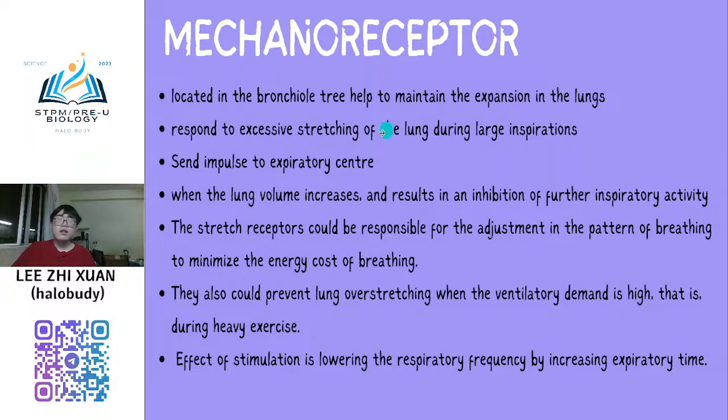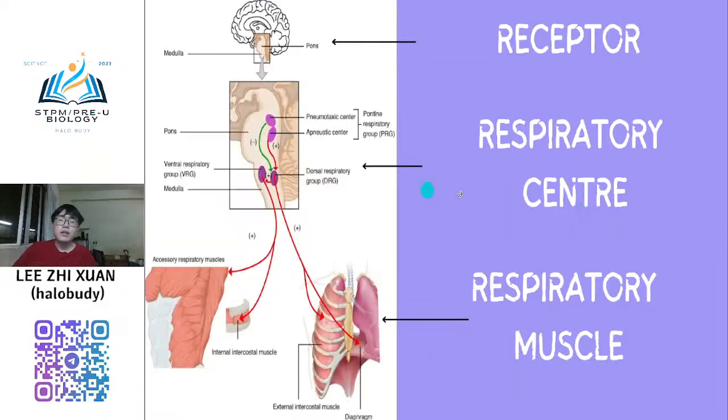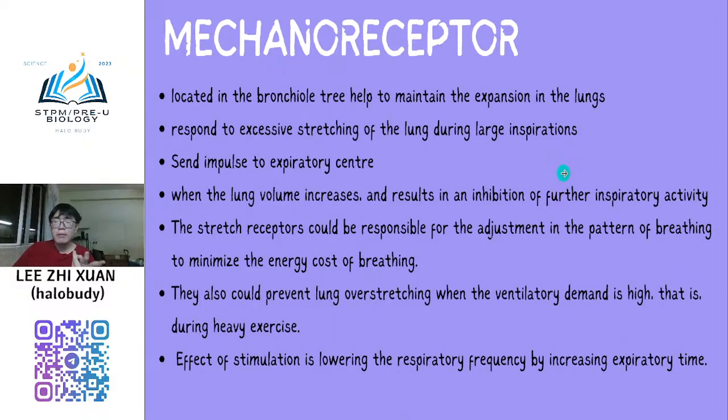So when the stretching occurs very rapidly, dia akan stimulate, dia akan send the impulse to the expiratory central, so that it will result in inhibition. So dia akan stop inspiratory central lah. So inilah respiratory central. I already said there are two types, either inspiratory central or expiratory central.